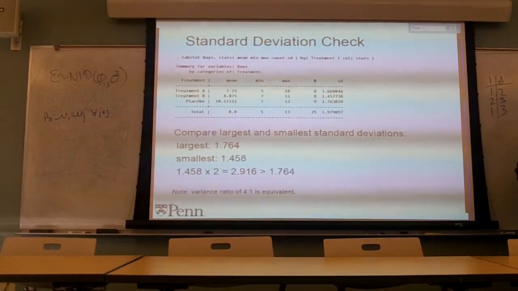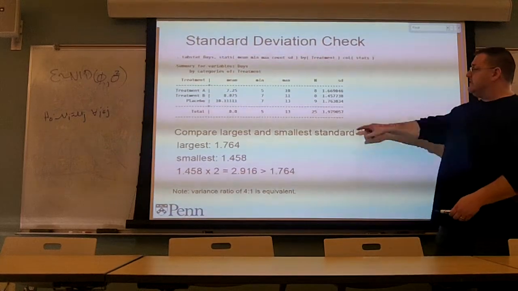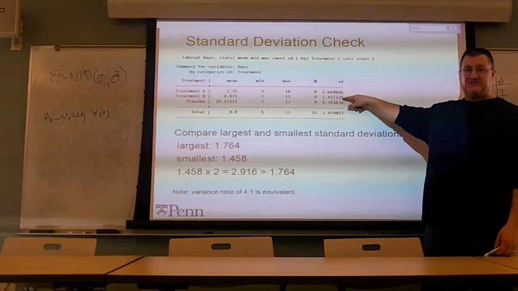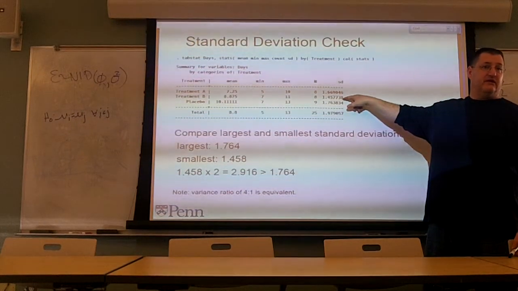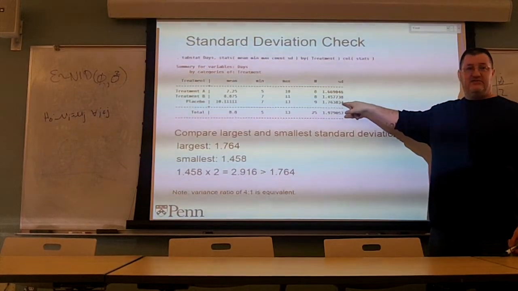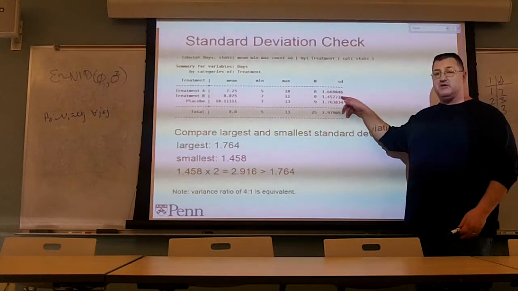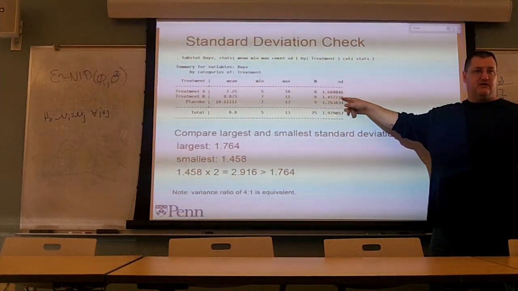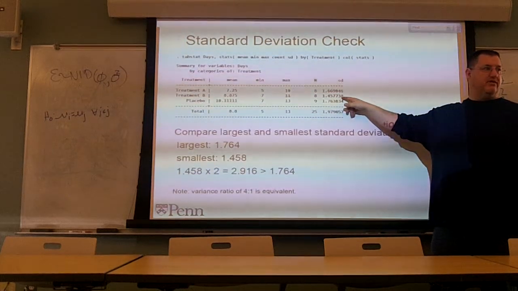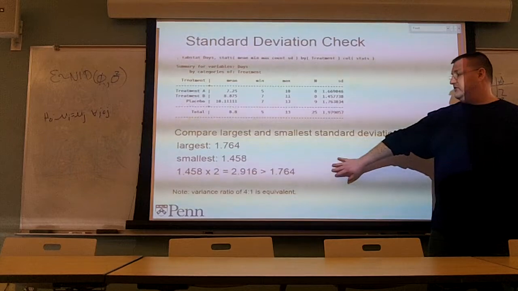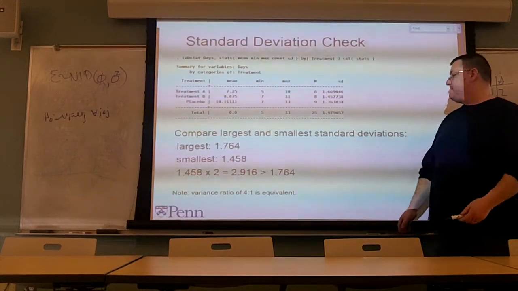In general, I'm going to look at the largest standard deviation and compare that to the smallest standard deviation. If the largest standard deviation is greater than, say, 2 times the smallest standard deviation, then we might have a problem with heteroskedasticity.